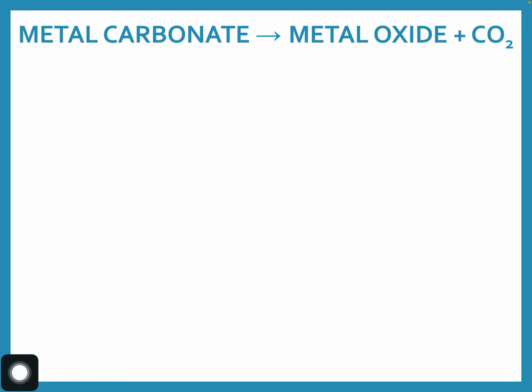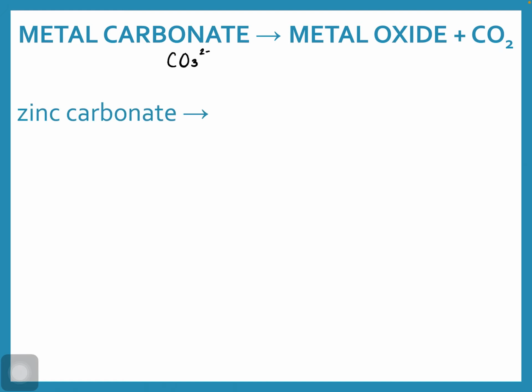Second last one, a metal carbonate is going to break down to a metal oxide and carbon dioxide. From your table, a carbonate is CO3 and has a charge of 2 minus, and then a metal oxide is just a metal with oxygen, and carbon dioxide. So for example, zinc carbonate.